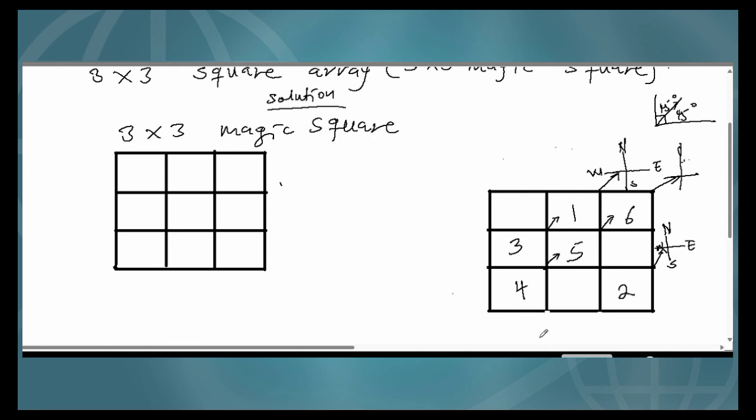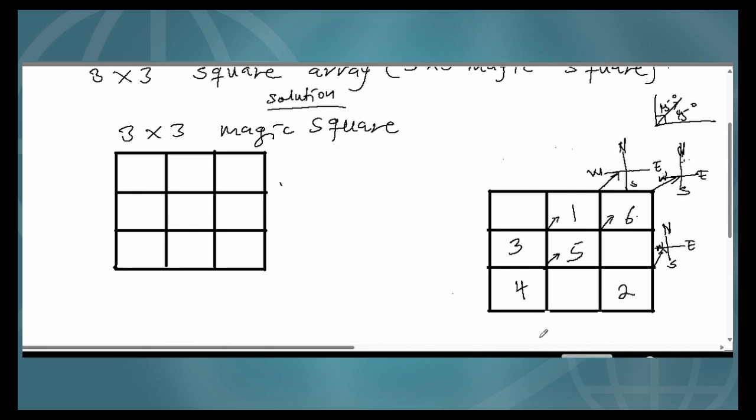So to the north there's no entry, to the west there's no entry, to the south there's no entry, and to the east there's no entry. So when you face such a situation, what you're going to do again is the same thing that you did for the 3, where you realize that there was an entry, but that entry is already filled.